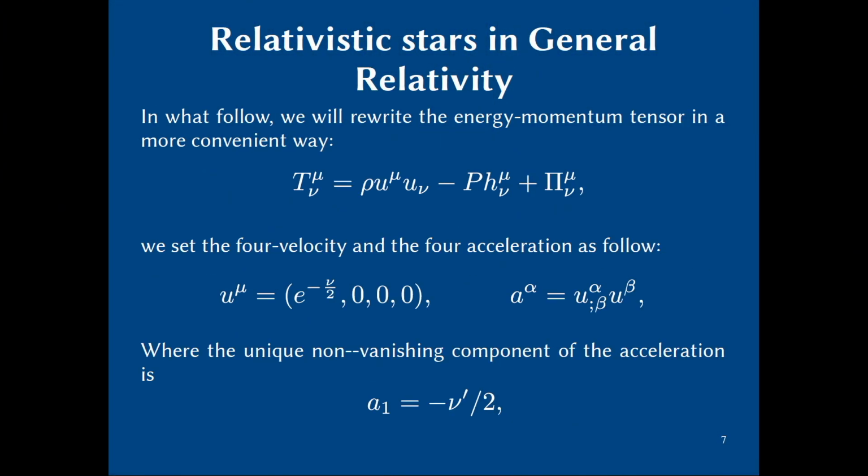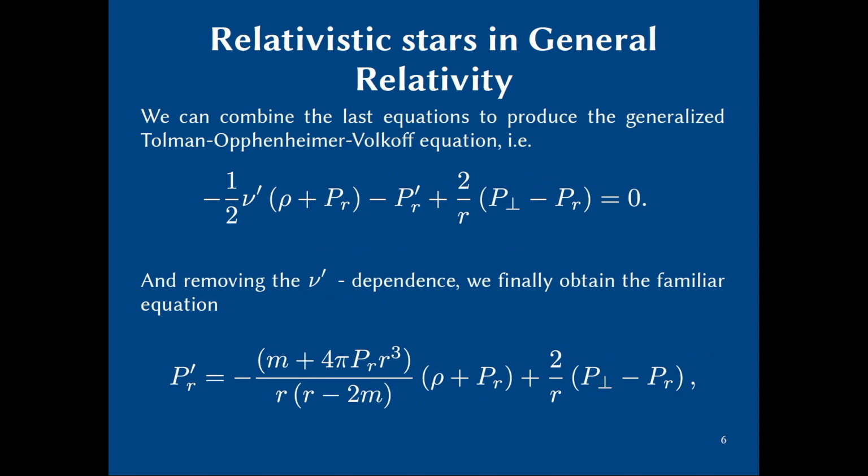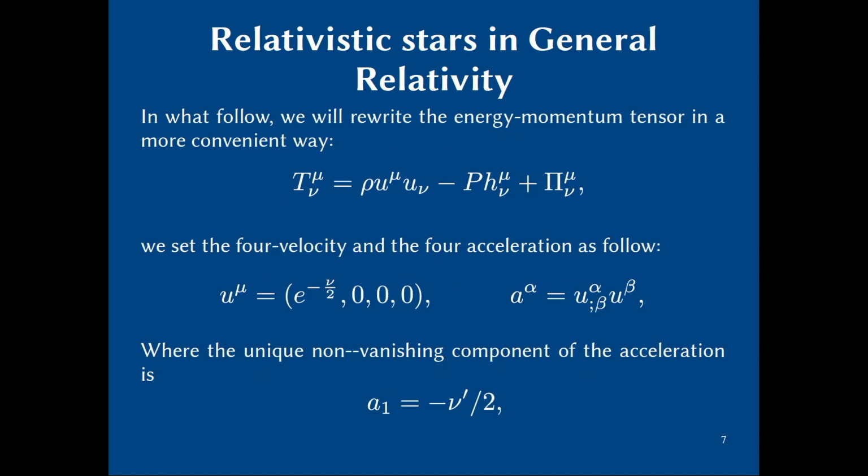And well, after that, it is very common to rewrite the energy momentum tensor in a more convenient way to simplify the computation when you try to apply the complexity factor formalism. So we start by rewriting the energy momentum tensor in terms of these variables.